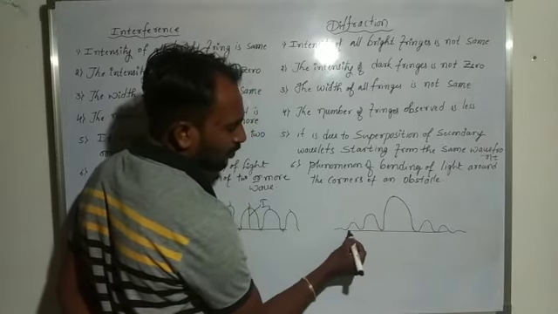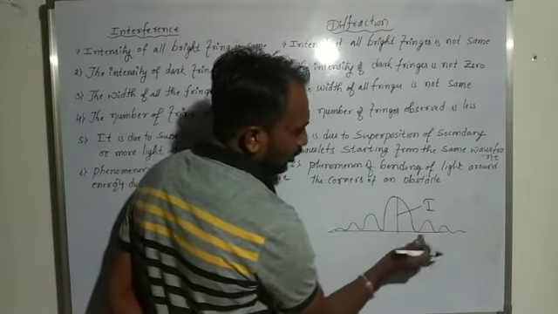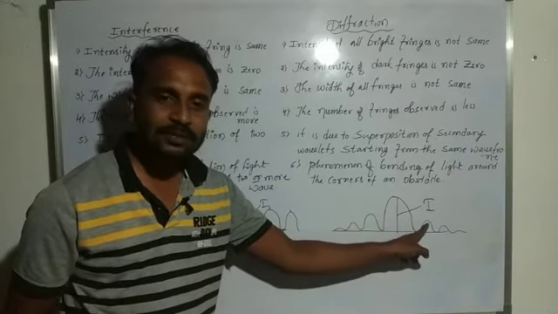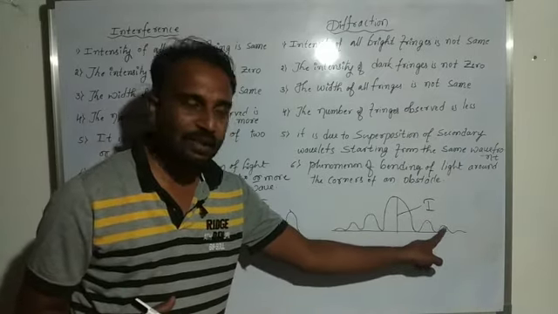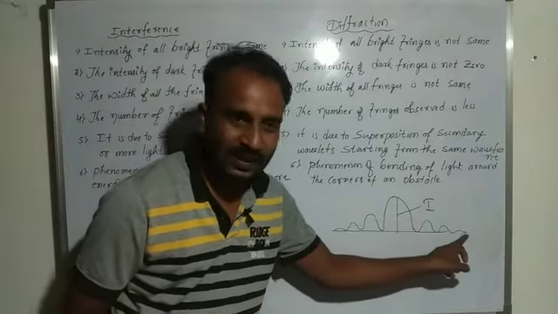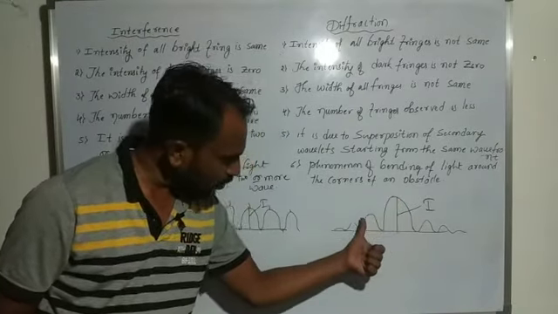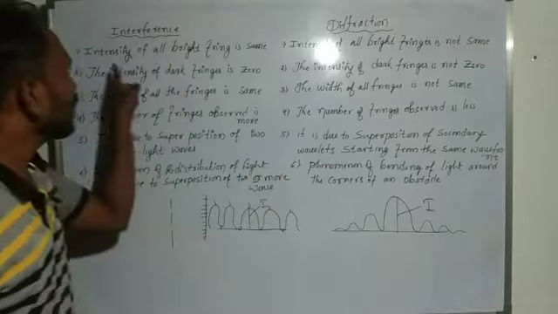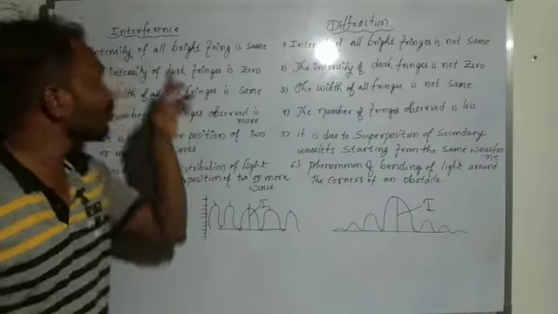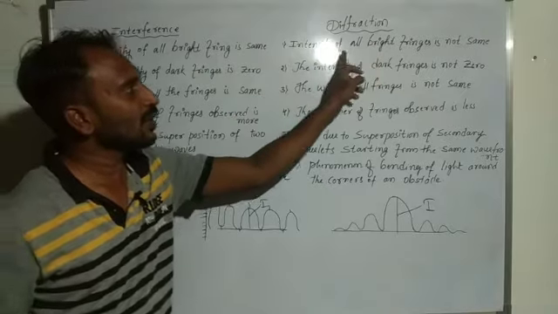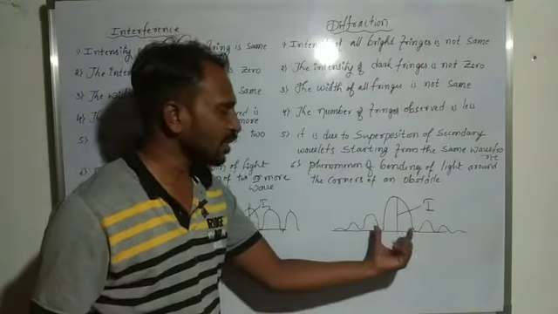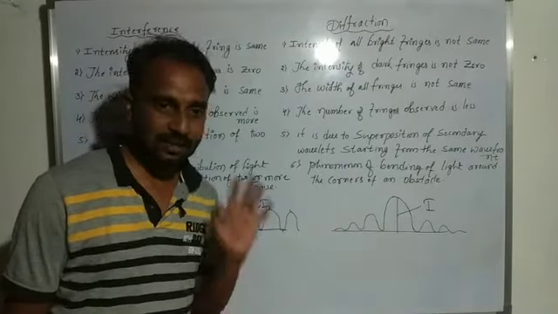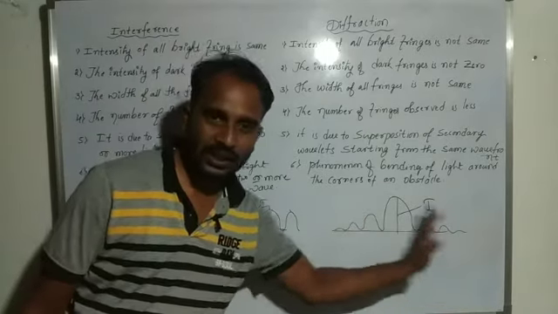So the intensity of all bright fringes is not the same in diffraction, whereas in interference it is the same. The central maxima has maximum intensity, and afterwards the intensity goes on decreasing.